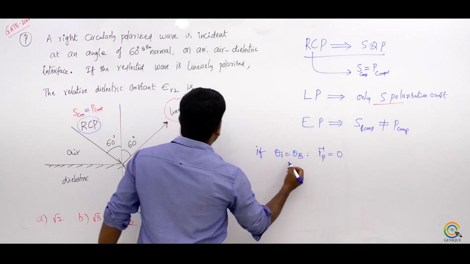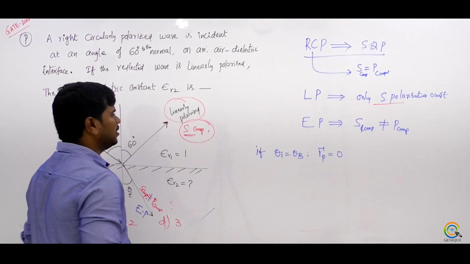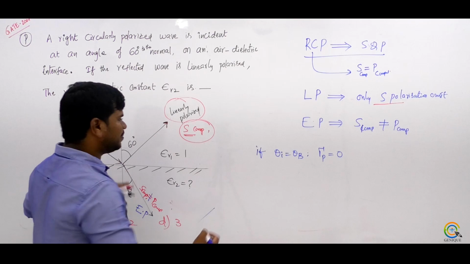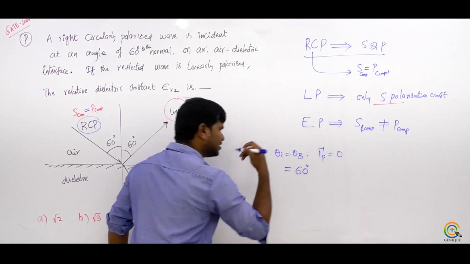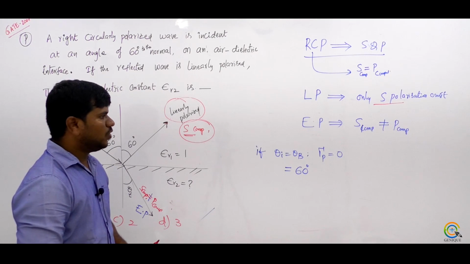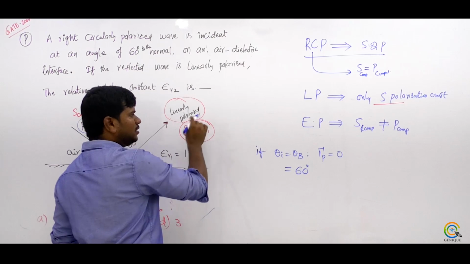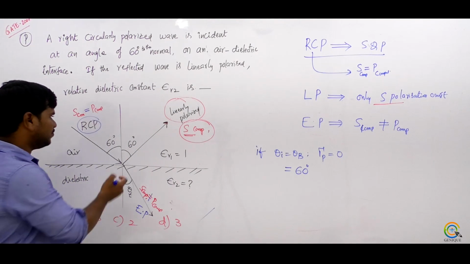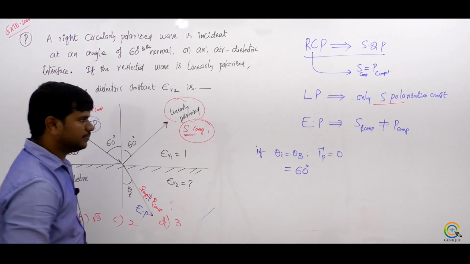So from this, at what angle is it becoming linearly polarized? That is directly given, that is 60 degrees. Theta B is given as 60 degrees. Okay. Why? Because there is no reflected P polarized wave, meaning there is complete transmission of the P polarized wave.